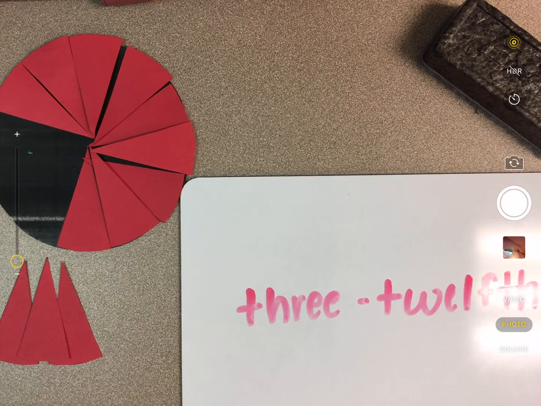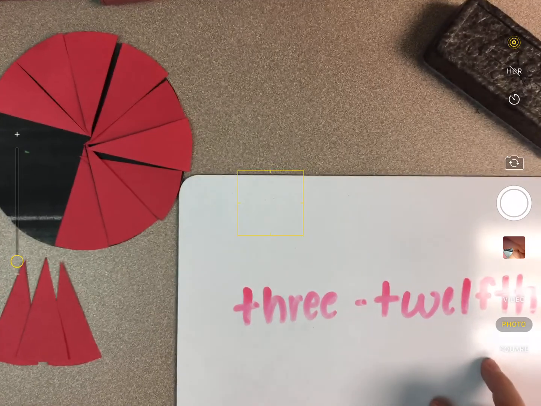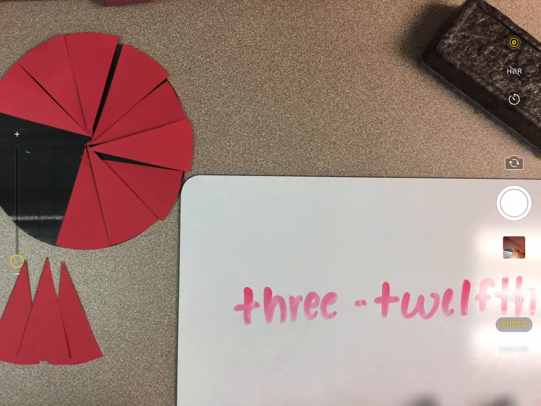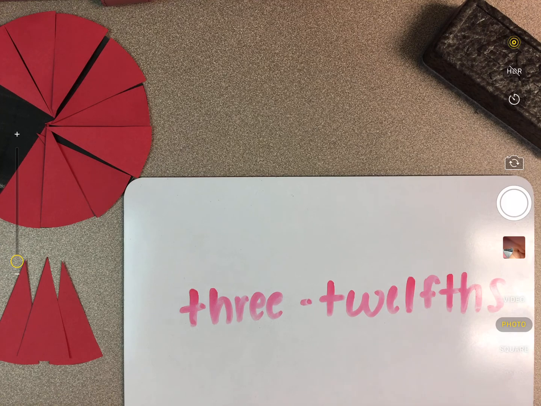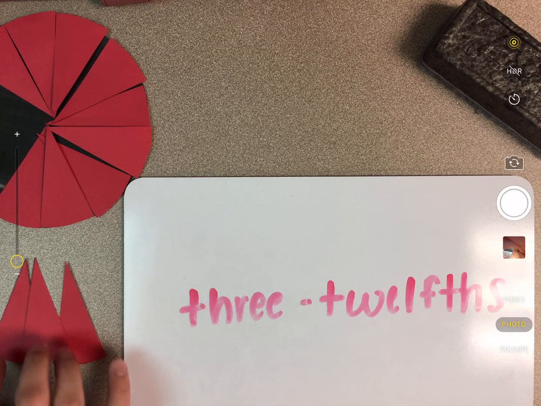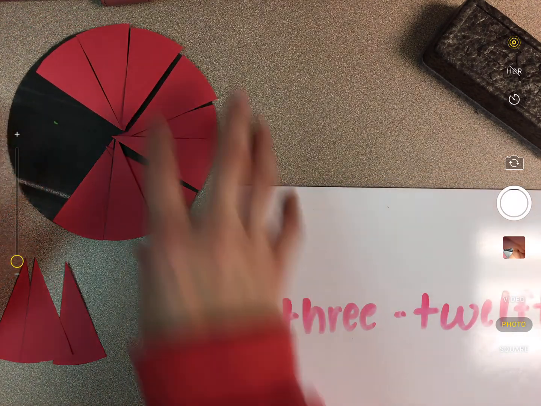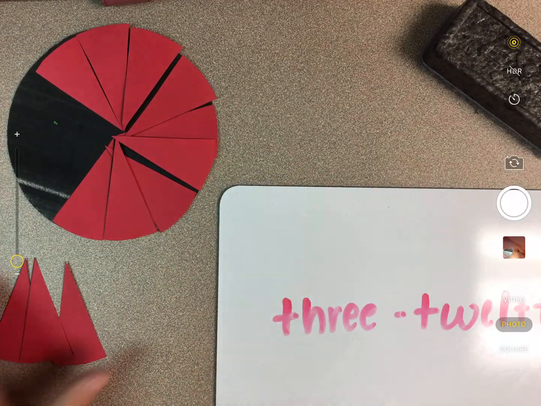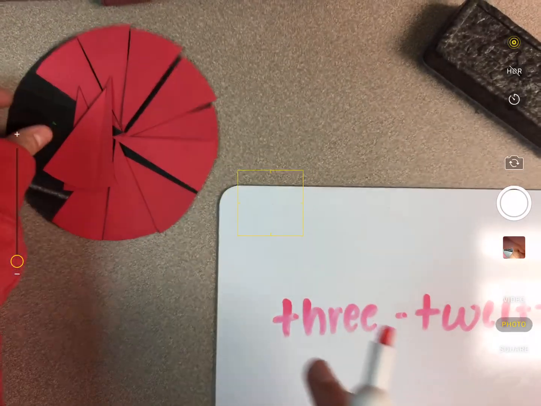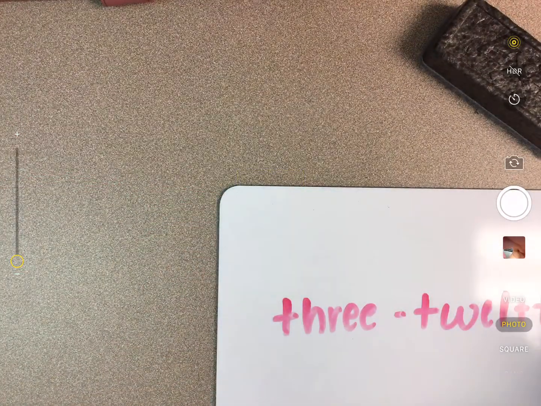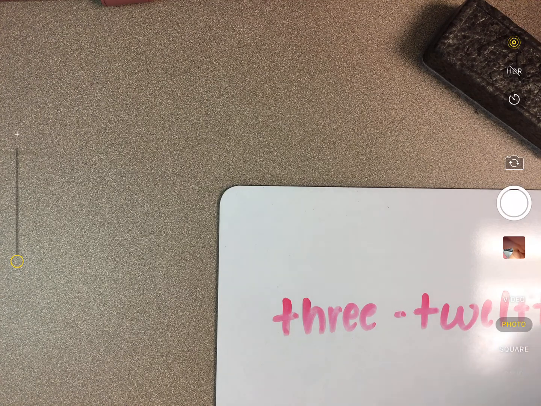There we go. So 3/12. That's a hard word. Because remember, 3 of my reds are 3 of my 12 altogether. Good job.